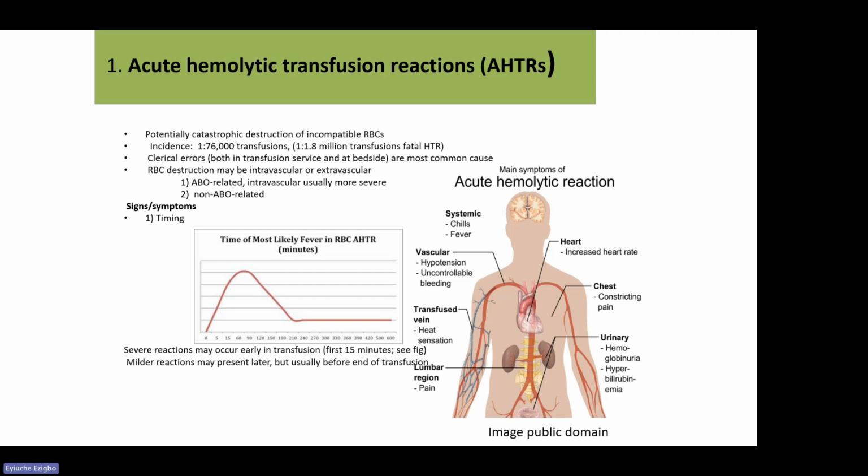The reaction is usually more severe when there is incompatibility in the ABO blood group, perhaps as a result of improper blood grouping. You identified someone as blood group O, probably because you are using reagents that have expired.